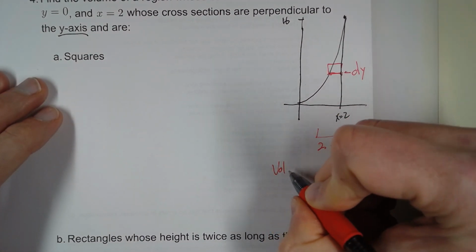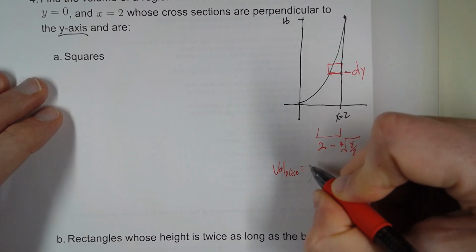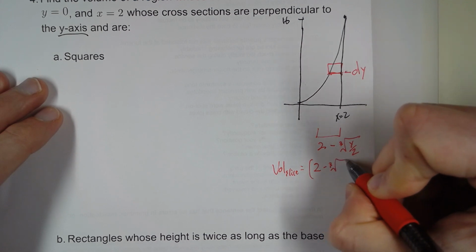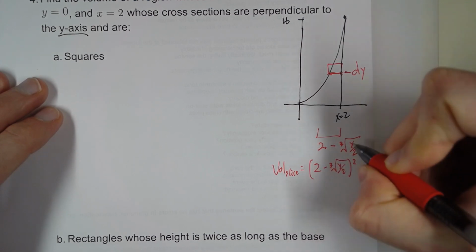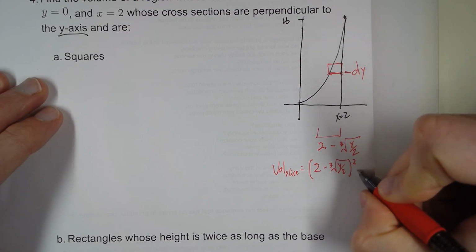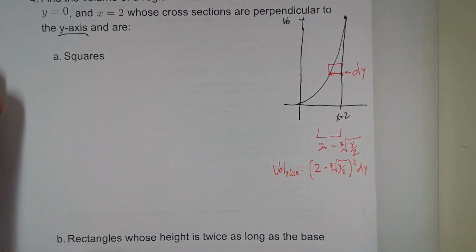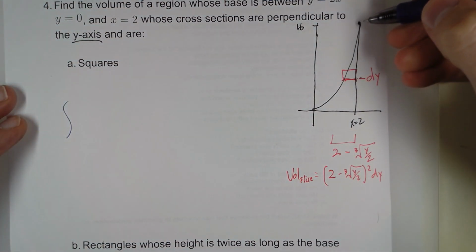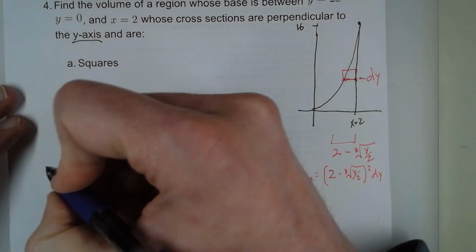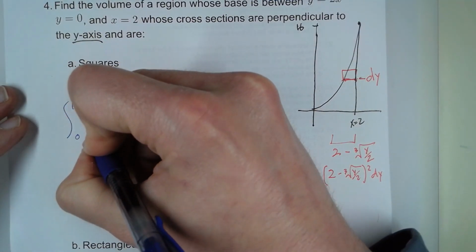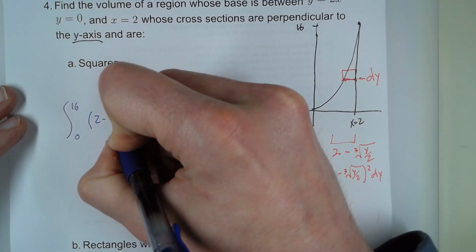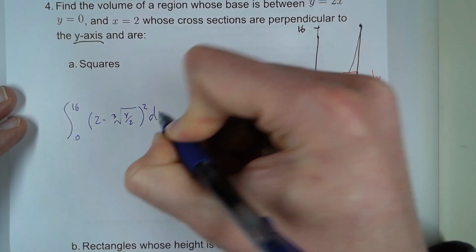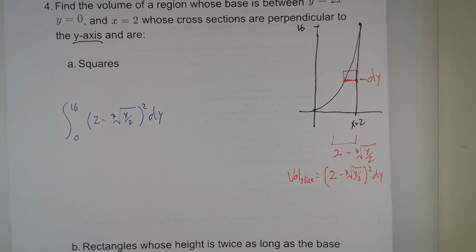And so the volume of the slice is 2 minus the cube root of y over 2, squared, because the length and the height are the same, times dy. And then when we write our integral, we're adding up all these slices according to y, from 0 up to 16. So it's the integral of 2 minus the cube root of y over 2, squared, dy. There is our integral.